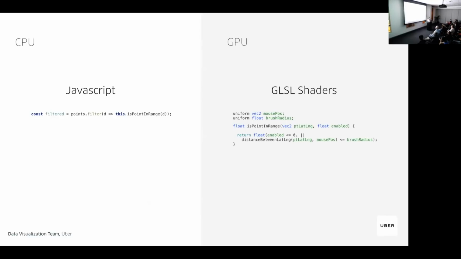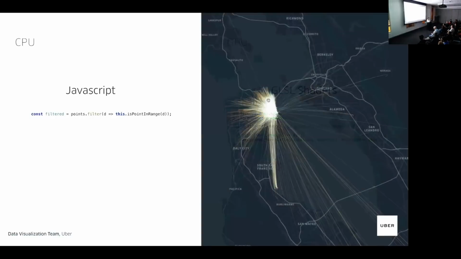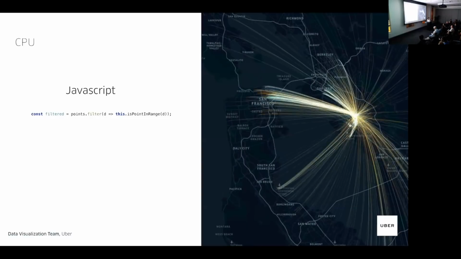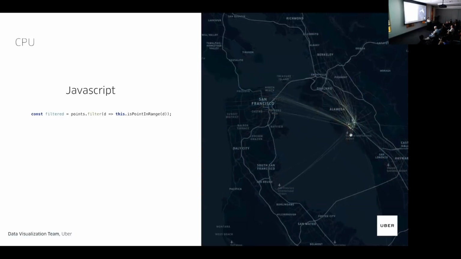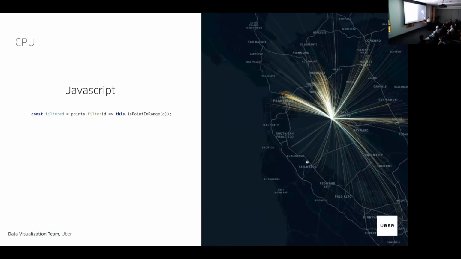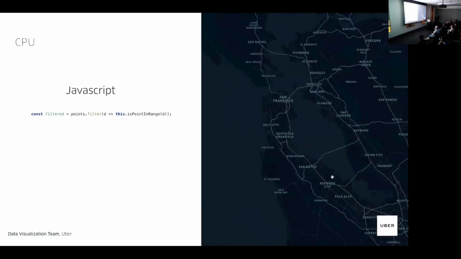This is a simple shader code that I wrote in Kepler just to do the mouse brushing. For each of the points, I take the mouse position and do this calculation to determine whether this point is in my mouse range. And then I use that result to calculate the radius. By doing that, I was able to do this kind of interaction. It would be impossible to do that with just JavaScript and do the calculation on your CPU.